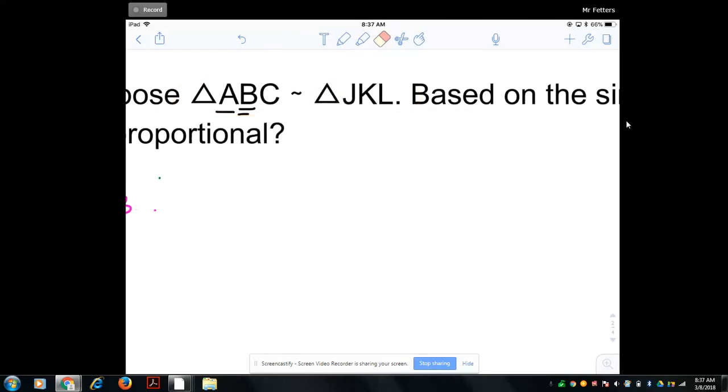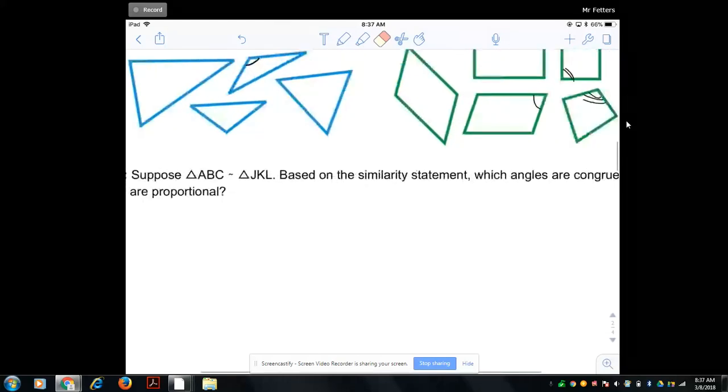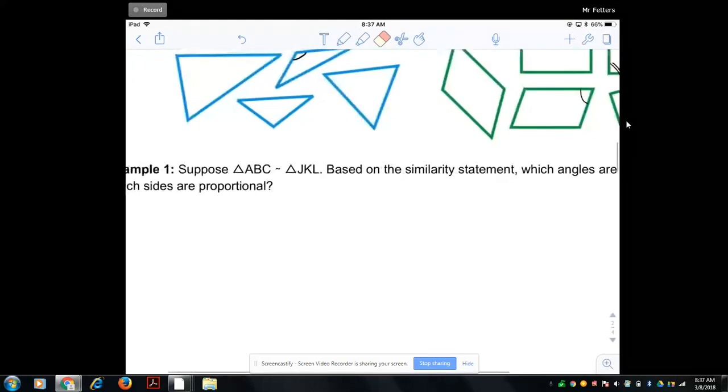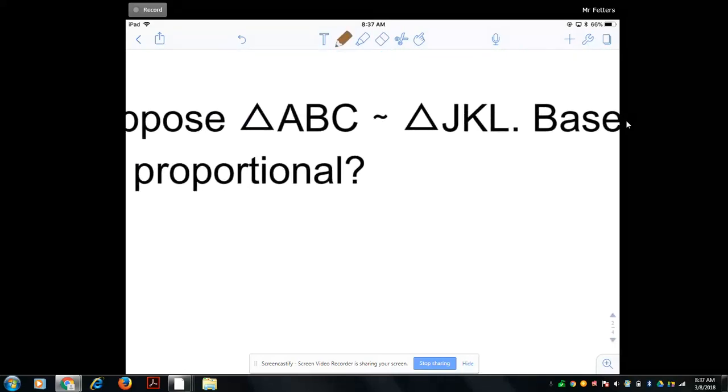Okay, boy, that got messy real quick. So then, when we take a look at this, it says, based on the similarity statement, which angles are congruent and which sides are in proportion. And that's what I just went all the way through and just erased. So I know that the measure of angle A and J are congruent, B and K are congruent, C and L are congruent, and then I could have AB over JK, because those are my first two letters.